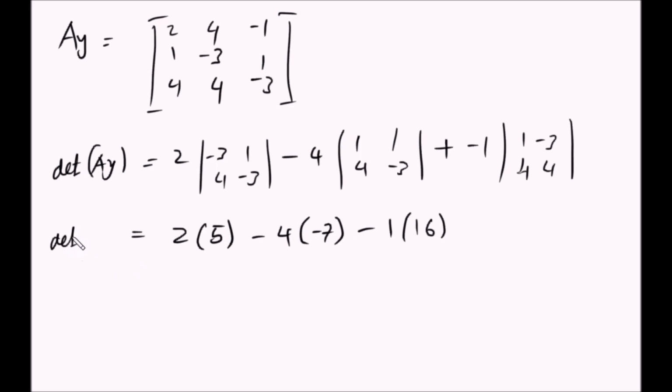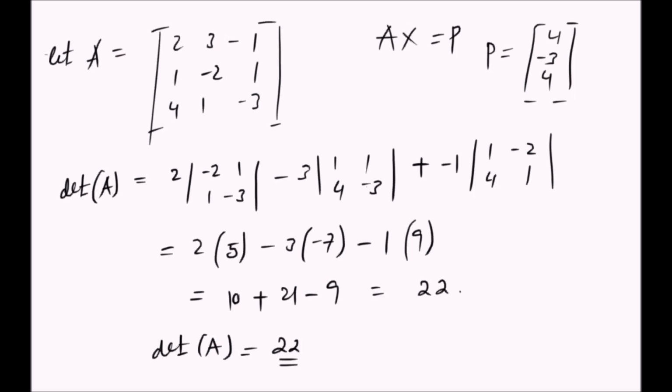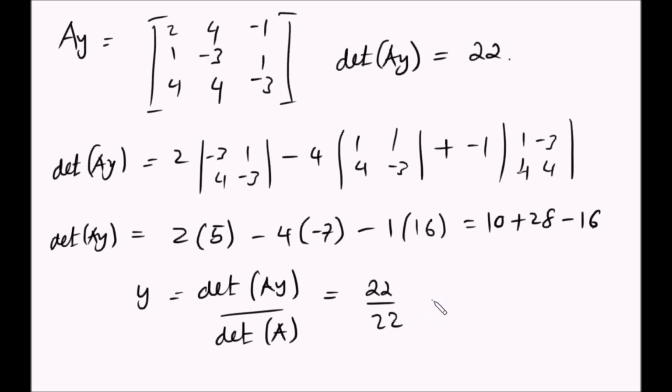Hii determinant of AY itakuwa ni sasa na 10 plus 28 minus 16. Kwa hiyo 28 minus 16 ni 12, kwa hiyo determinant ya AY ni 12 plus 10 ambayo ni 22. Na determinant of A tulipata 22. Kwa hiyo y ni determinant ya AY chini ya determinant ya A, ni 1.